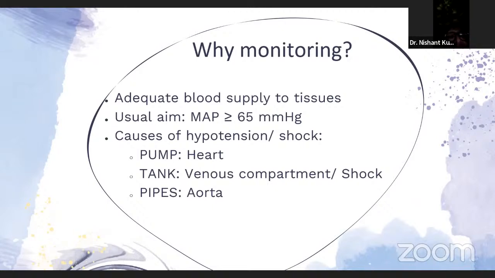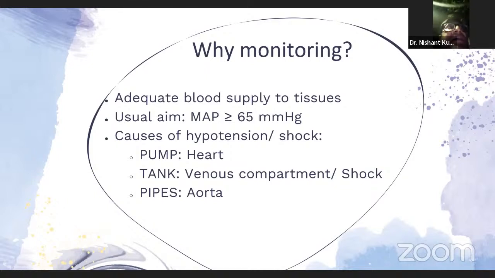The tank, the venous compartment, that means vasodilatation and shock because there's not adequate supply to the pump. So that will cause hypotension, or the pipes, the aorta, just like aortic dissection, or again, severe arterial vasodilatation. So naturally we'll require inotropes for that because the pipes are the conduit through which the blood is supplied to the tissues.